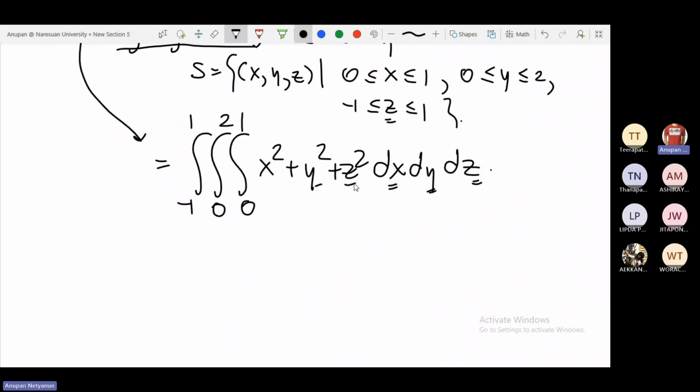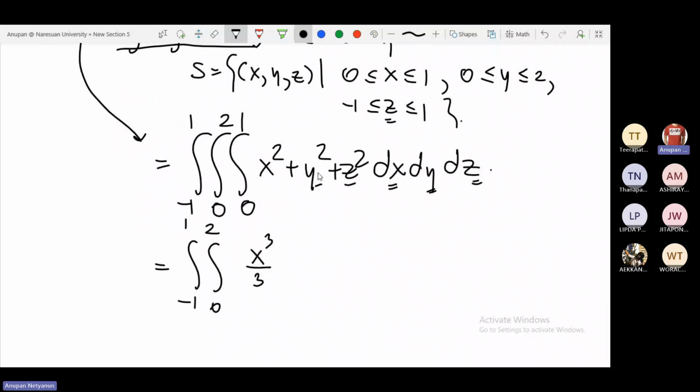The y and z terms are constant, so you do integration with x squared, and you get x cubed over 3.